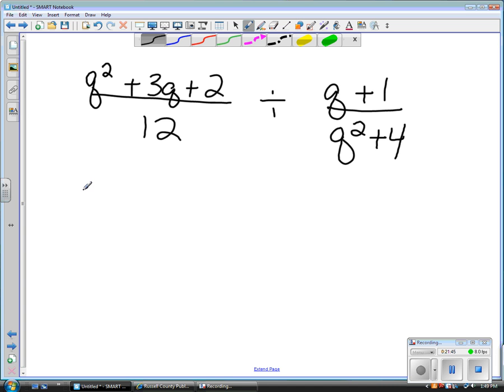George, tell me what I need to start right now. Okay, how can I break that down? So I'm going to factor Q with the parentheses here. Where is my Q in this term?